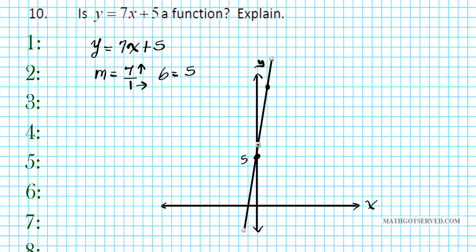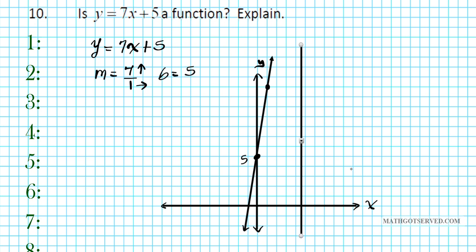Now, does this graph pass the vertical line test? Well, let's test it out. If we have a vertical line and sweep the entire domain, does that vertical line intersect exactly once? If I take this line and I sweep the entire domain of this function, how many times does it intersect the line?